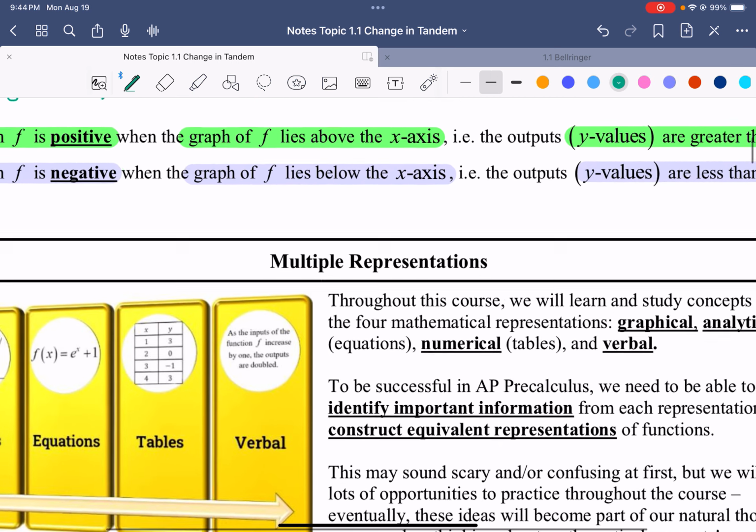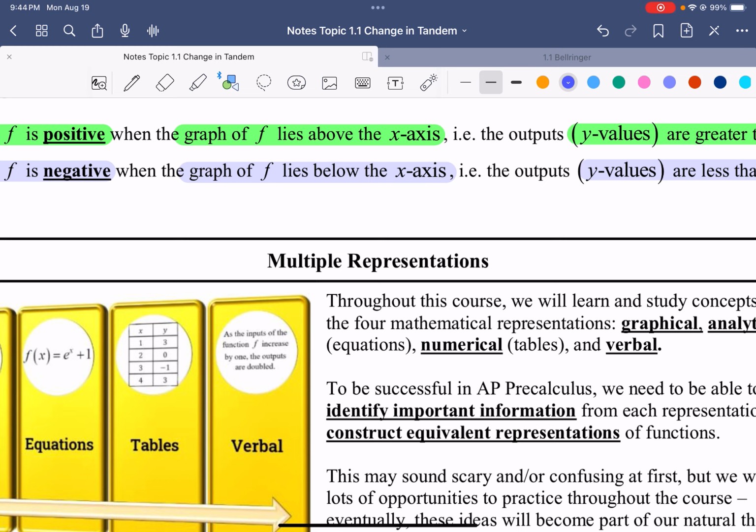So I'm going to zoom in here and draw a little graph. And this horizontal line is my x-axis. On the x-axis, my y values are equal to 0. Okay, this is the x-axis. As you go up on the y-axis, you are going towards positive infinity. That means that as you go up, your y values are greater than 0 because they're positive numbers.